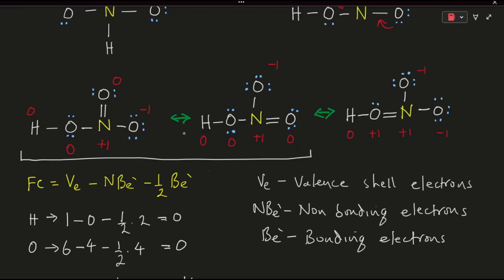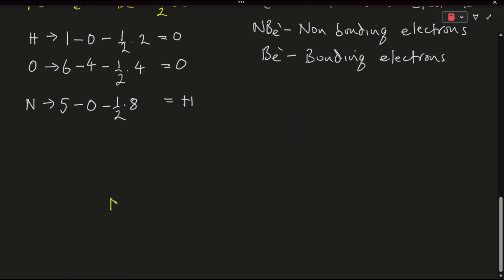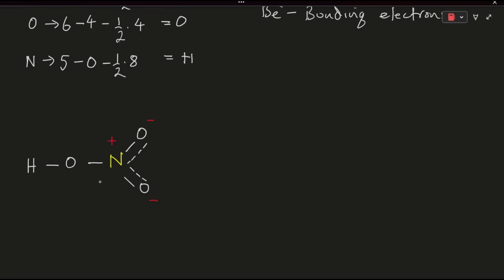So we're going to have something of the form in which case we're going to have one single nitrogen-oxygen bond and 2 nitrogen-oxygen single and half bonds.